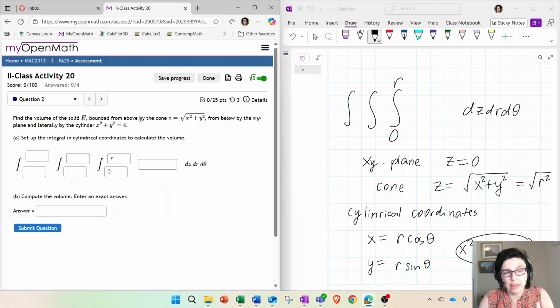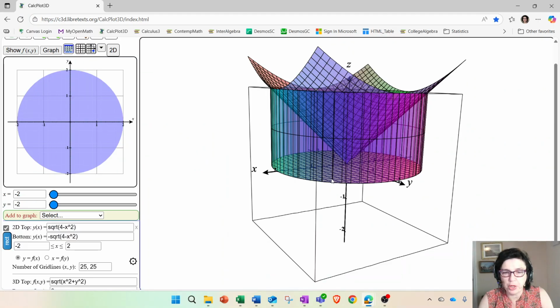All right, and then the other two limits, r and theta, are just like polar. So think about what the projection of this solid on the xy plane is. The projection is going to be this circle. Imagine flattening this thing so that it gives you the projection. It's going to splash on the ground as the circle. And how do we set up limits for the circle?